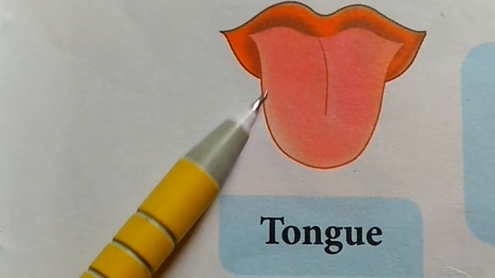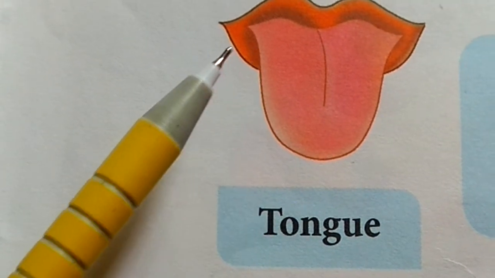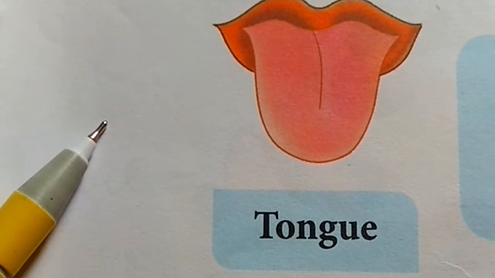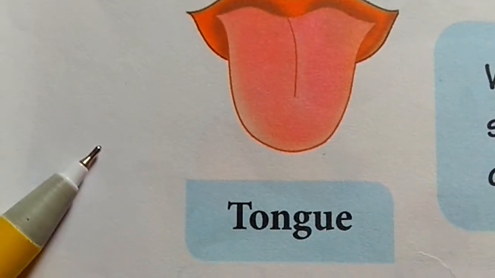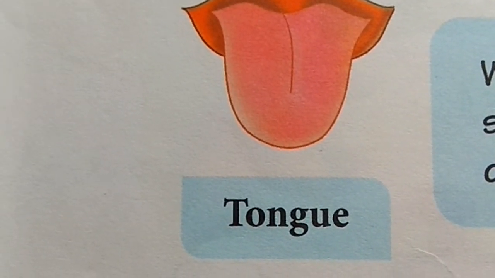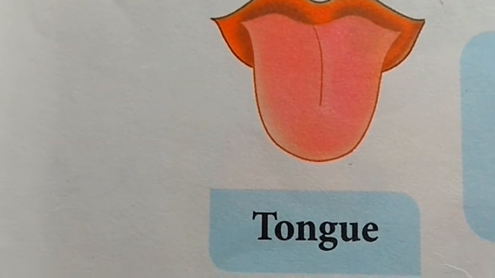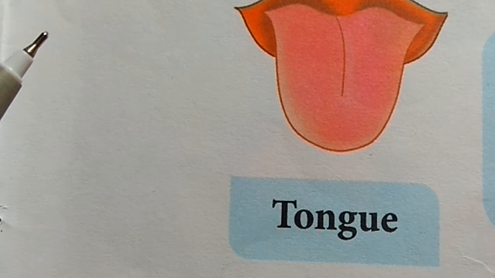There are four major tastes, that is sweet, salt, bitter and sour. And one more taste is umami or savory, which is the taste of a meaty broth and fermented food.